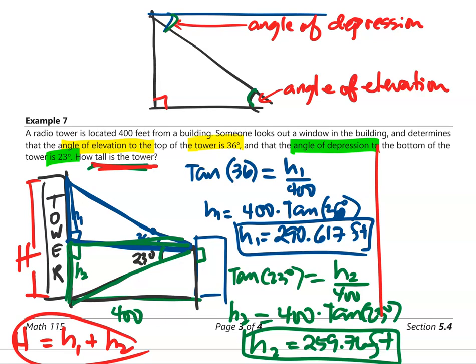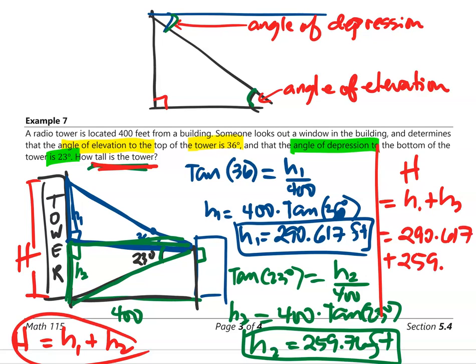So h is equal to h1 plus h2, that is 290.617 plus 259.76. So the height is equal to, if we add these two, 550.38 feet. That's how tall the tower is.